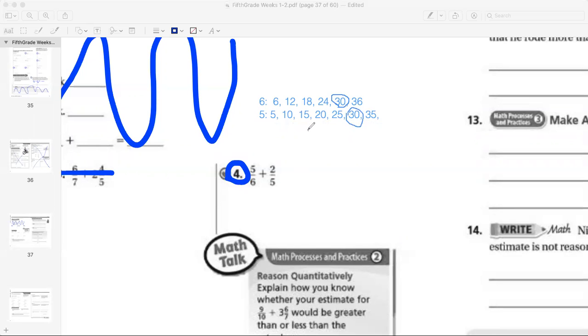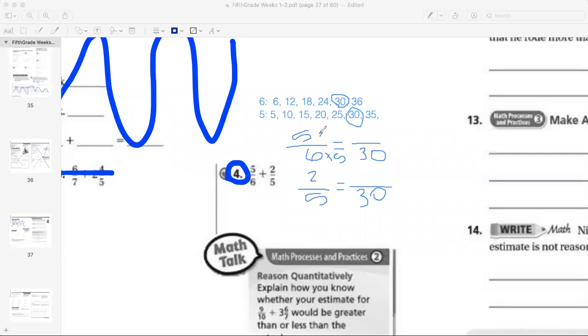So then we can rewrite, and we have 5/6 and 2/5. Their new denominator is going to become 30. So that's what we found. 6 times 5 is 30.